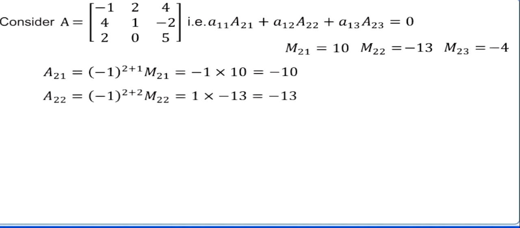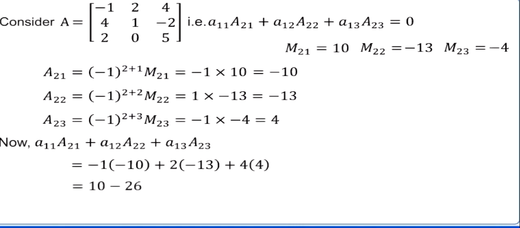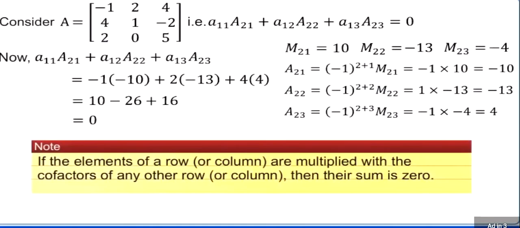Now, let's evaluate the sum of the products of the elements of the first row with the cofactors of the corresponding elements of the second row. On substituting the values, we get zero. Hence, if the elements of a row or column are multiplied by the cofactors of any other row or column, then their sum is 0.